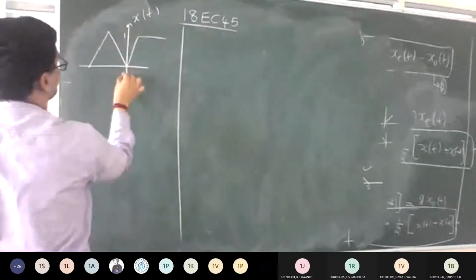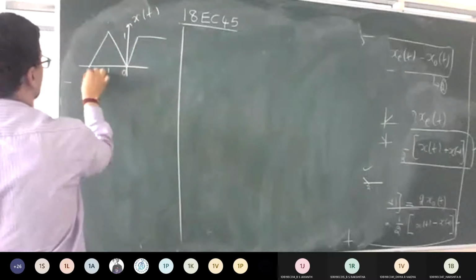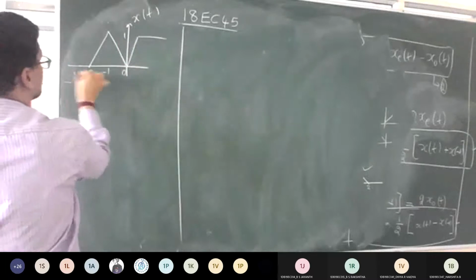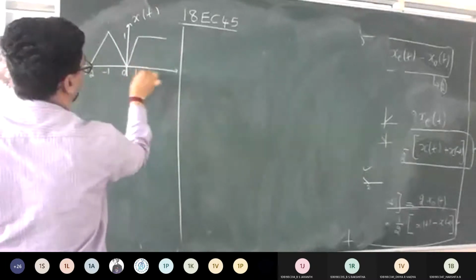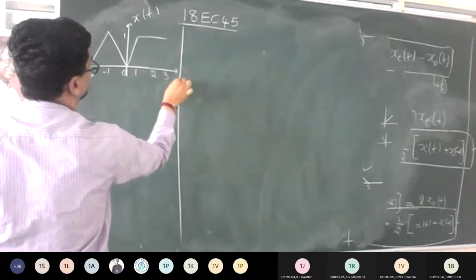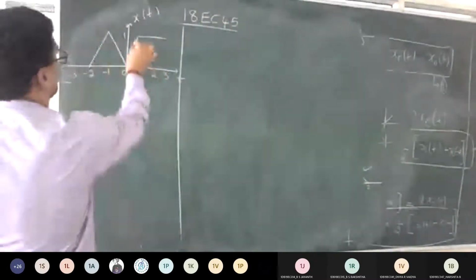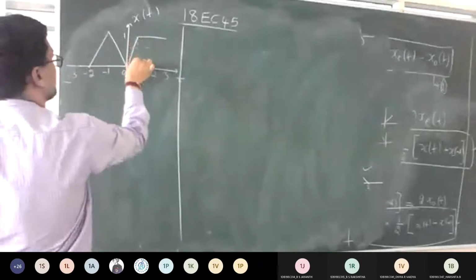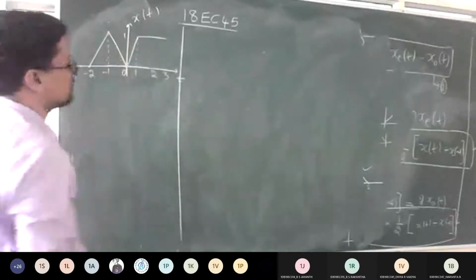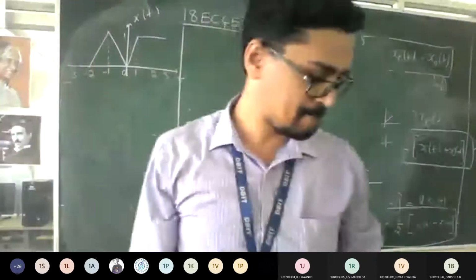This is 0, -1, -2, -3, and here it is 1, 2, 3, and so on. They have mentioned the amplitude clearly, it is 1. Here it is -1.